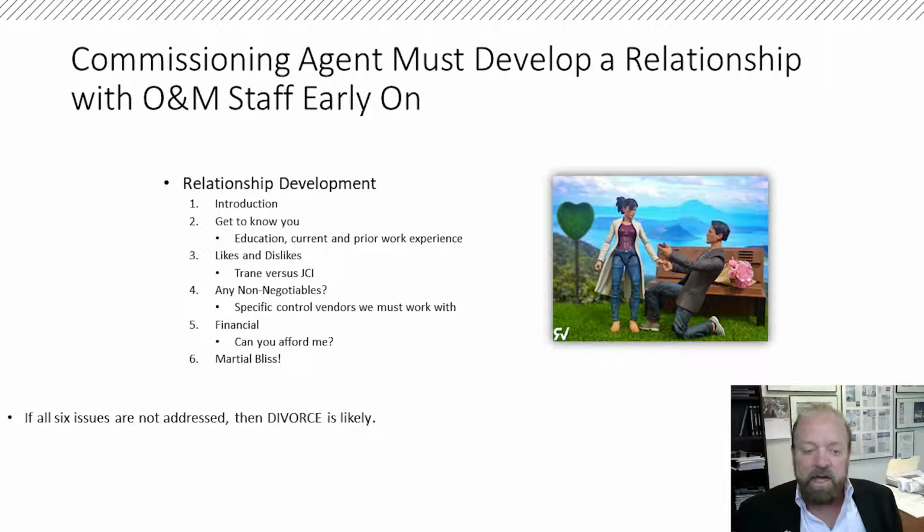And are there any non-negotiables? What specific control vendors must we work with during the design and commissioning process? And also financial: what bells and whistles do you want incorporated into the control and commissioning specifications? If you do all this, you'll end up with an O&M staff that loves to operate and maintain their building.